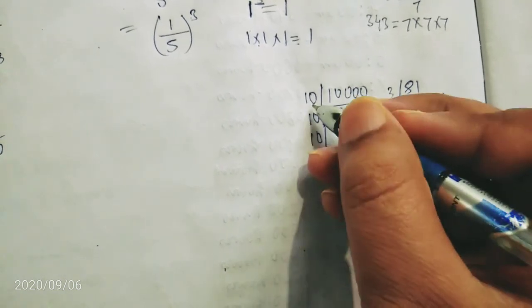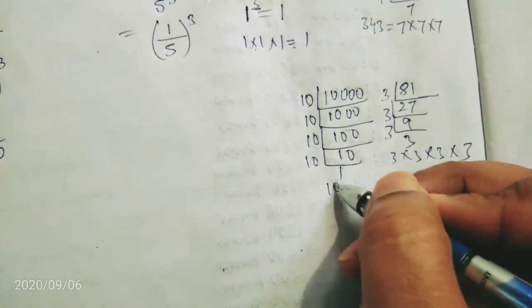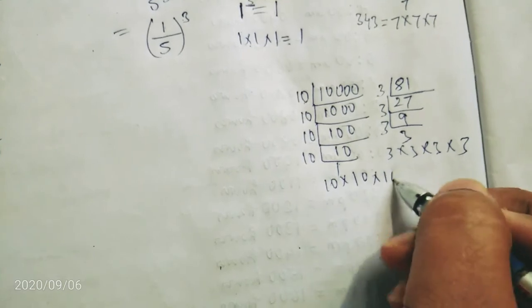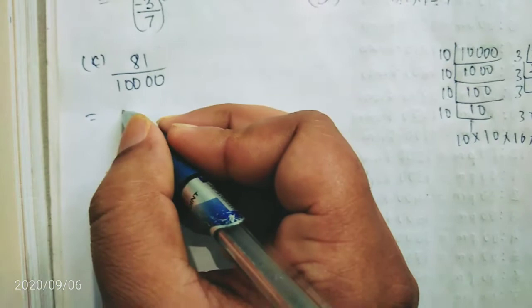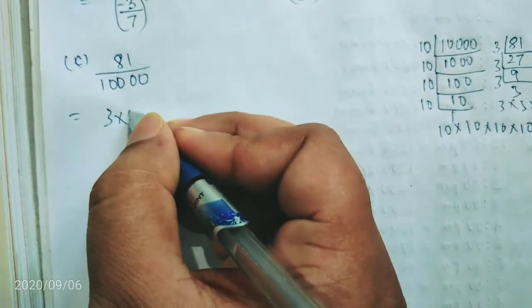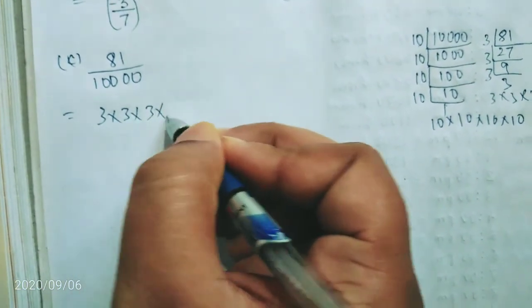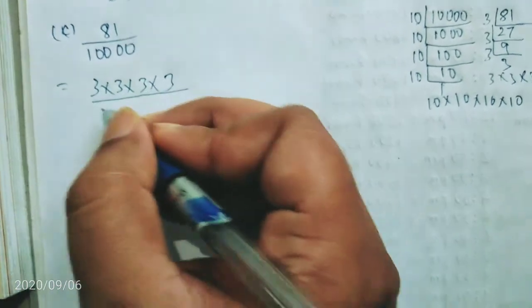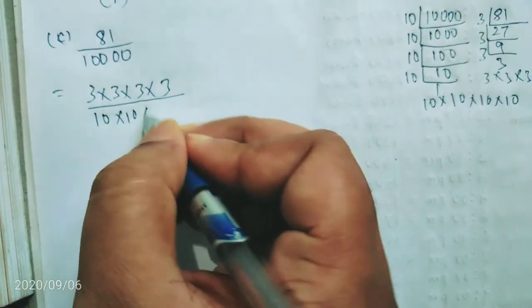So 10 is how many times? 4 times. 10 is also coming 4 times. So you will write here 81 as 3, sorry, 4 times 3. Now 10 is also 4 times.